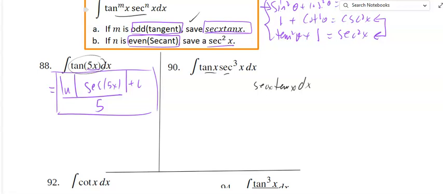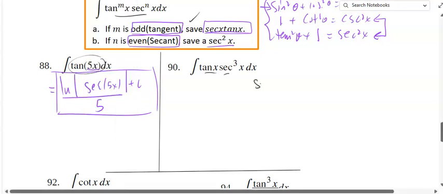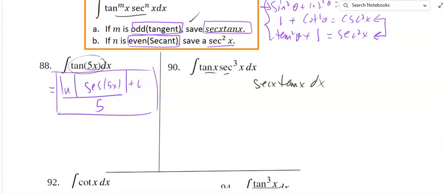So algebra. If I took that out, I would be left with a secant squared of x. Remember, this is my du.